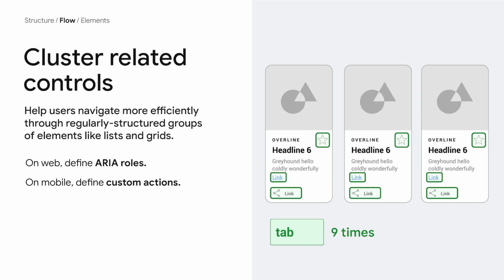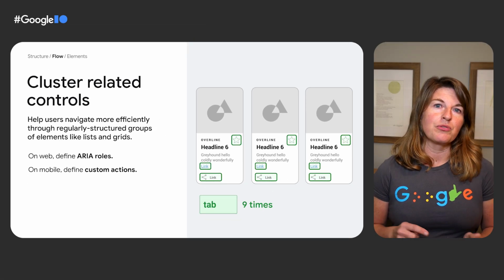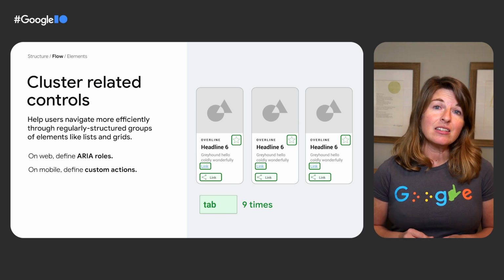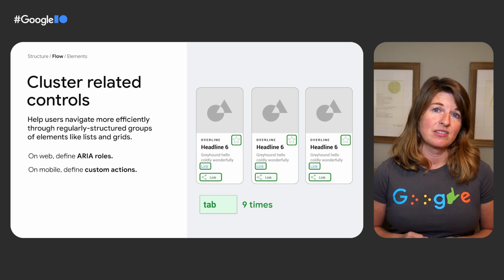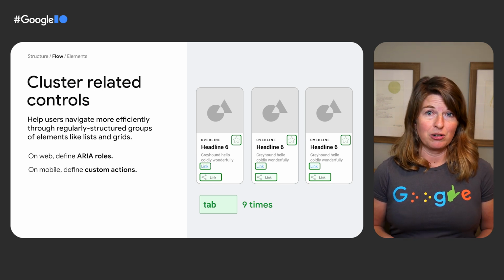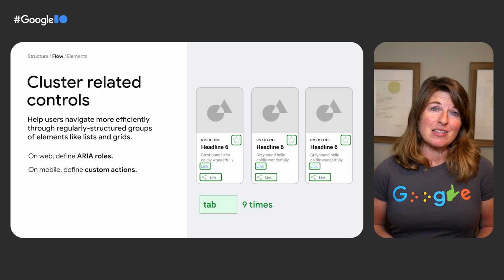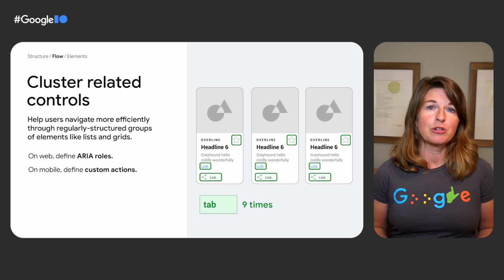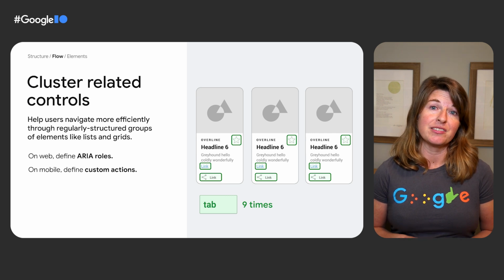Here, with this set of cards, to traverse from the first interactive element to the last one in a single card, I need to tap the tab key 9 times. So if this happens to be a large grid of cards, it might get really time consuming to navigate to the final card. So to improve the UX, you could group these elements so that each card is a tab stop.